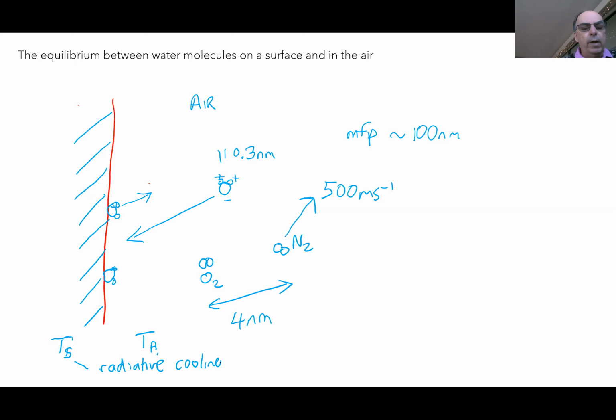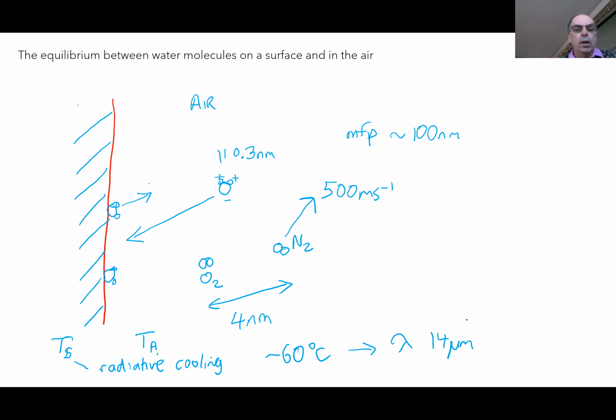And radiative cooling means that the surface can emit mid-infrared radiation, and at -60 degrees C, which is the typical Antarctic wintertime temperature on the plateau, this corresponds to a wavelength of around 14 microns in the mid-infrared.